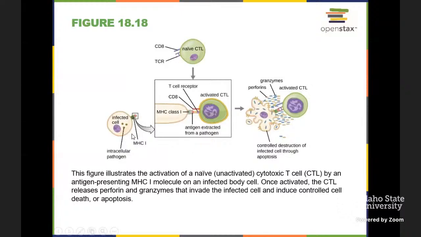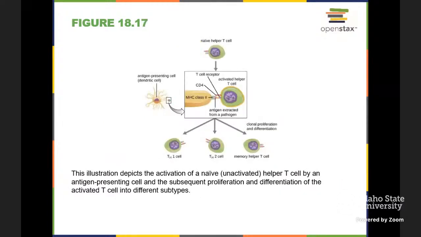So another line, not the T helper. All right. This is a cytotoxic T cell. All right. And the T helpers, I don't know if it showed it on the previous slide. I'll back it up. Oh, it does. The T helpers, we call these cells CD4 cells.